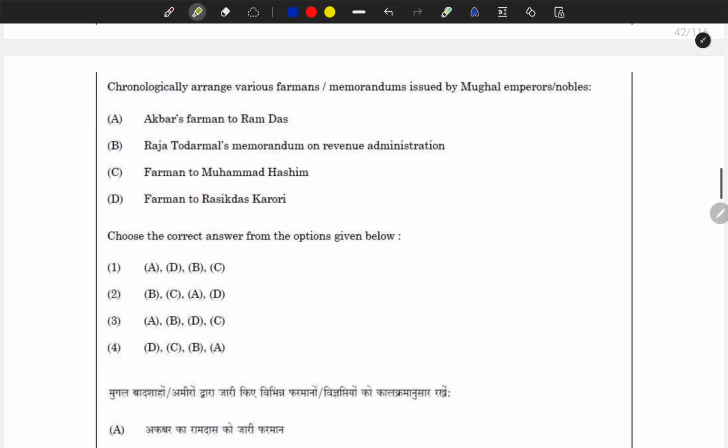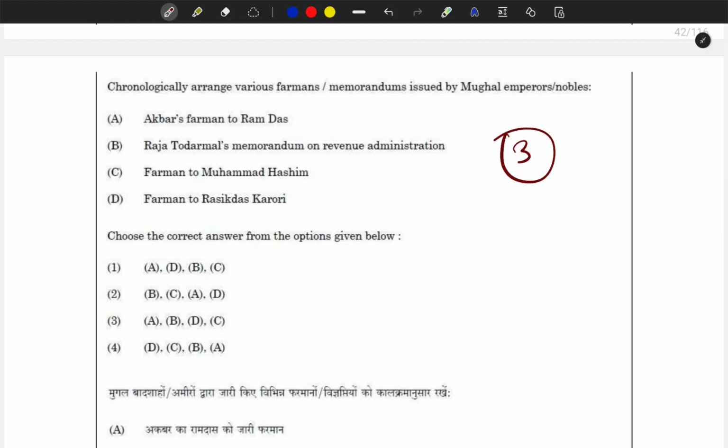Next question is: chronologically arrange various farmans and memorandums issued by Mughal emperors and nobles. This is the third question on chronology. So they are now asking chronology in the form of policies. Sometimes they will ask about policies, sometimes about the chronology of rulers.